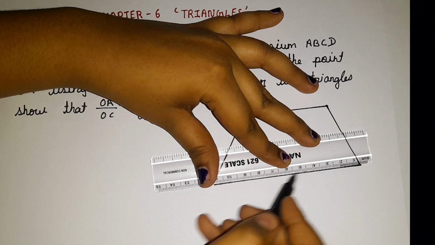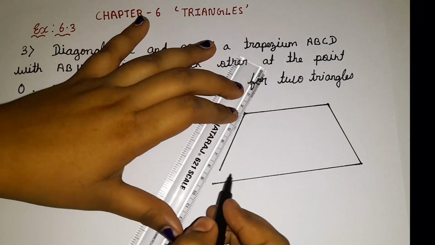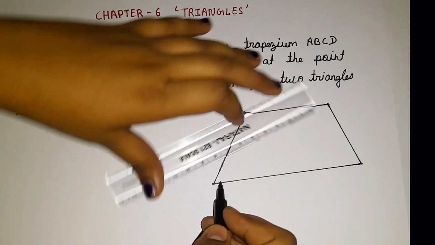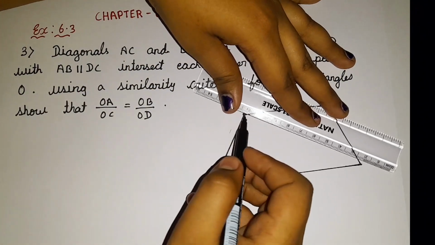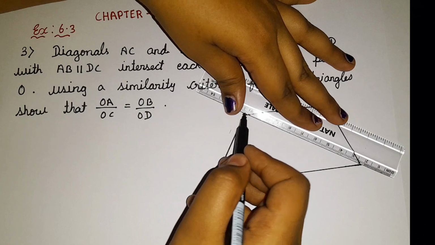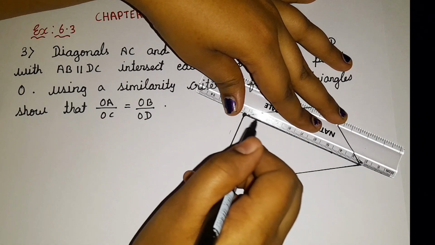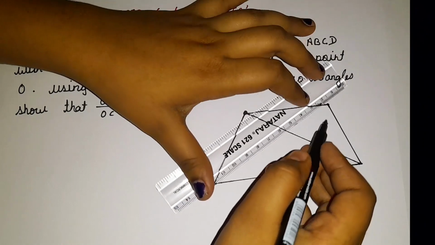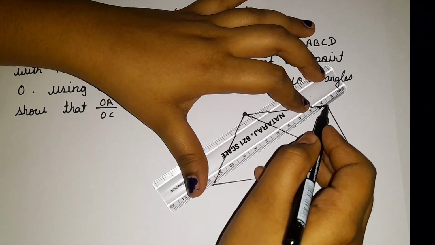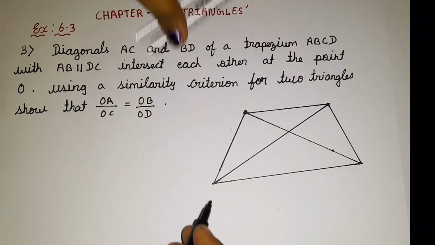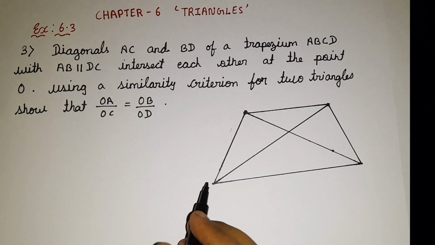A trapezium has diagonals, so now let us draw the diagonals as well. Diagonals means crisscross. Inside the figure we put crisscross lines joining the edges. Here this edge is joining to another edge, and here this edge is joining to another edge. That is known as crisscross. We call these the diagonals.